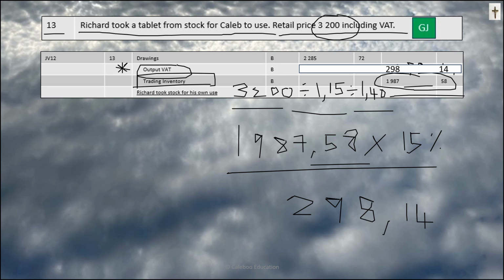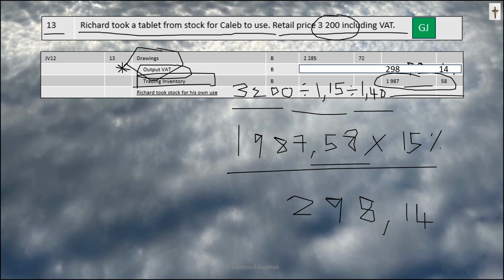We are not selling the stock to the public. We cannot claim input VAT, so we reverse it by crediting output VAT. And then the drawings amount is the total amount.